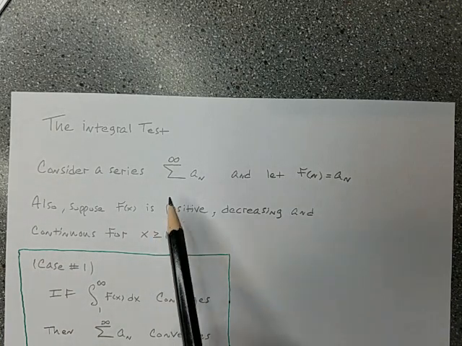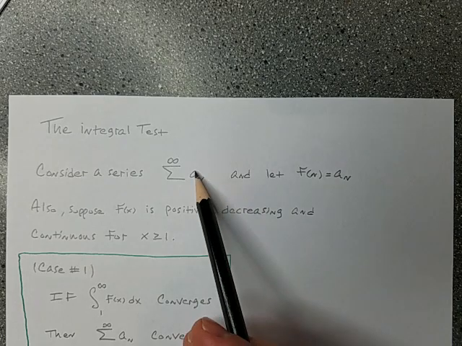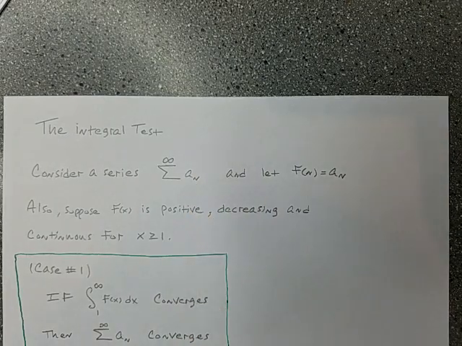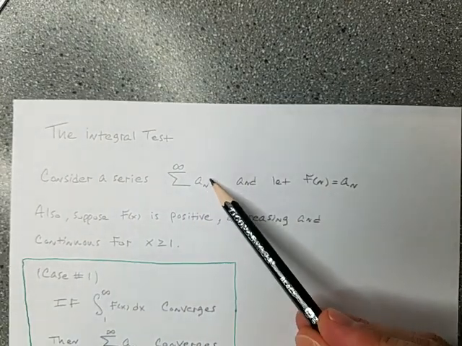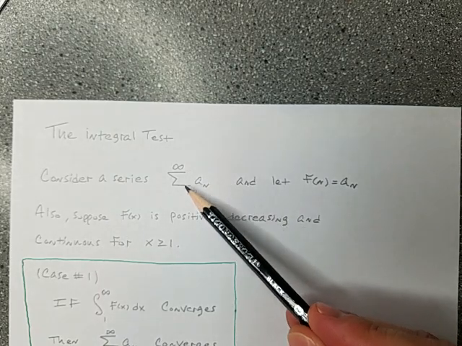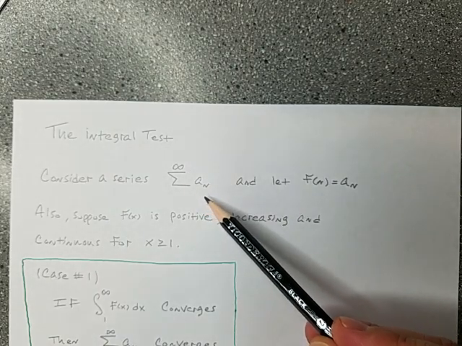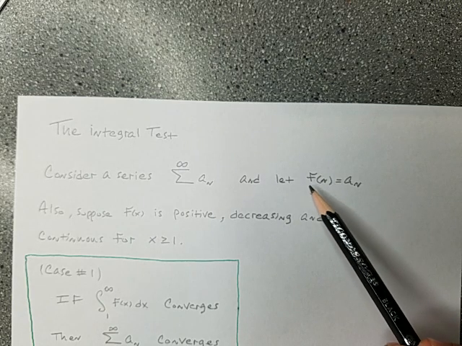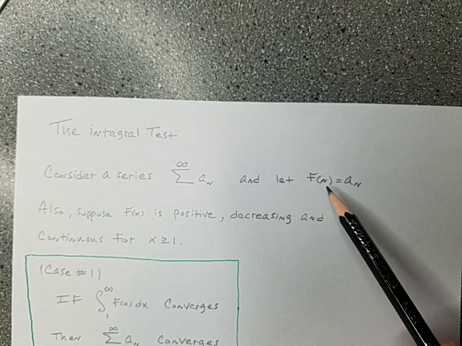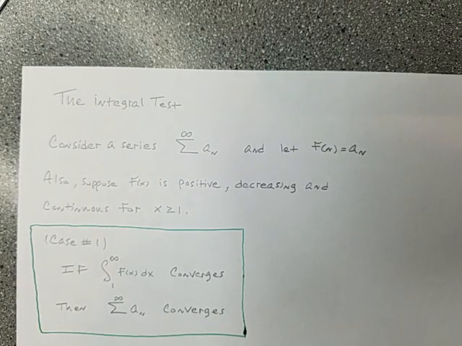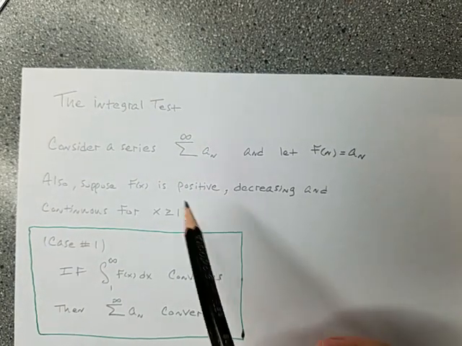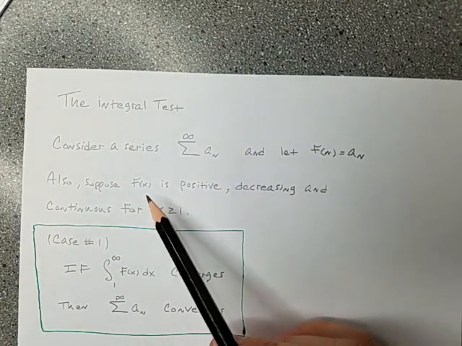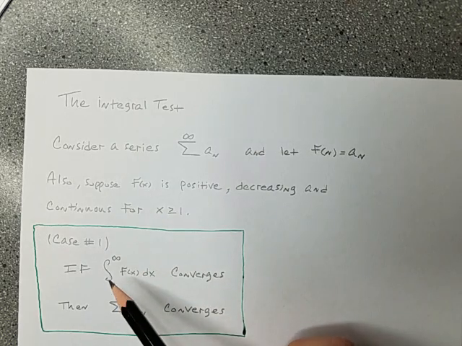So you have an infinite series, and that a subscript n, that's just our generic symbol for the formula that's going to be there, that's going to involve the variable n. And say I call that f of n, a formula or a function that involves n. Now suppose that we convert over and we use x as a variable in an integration.